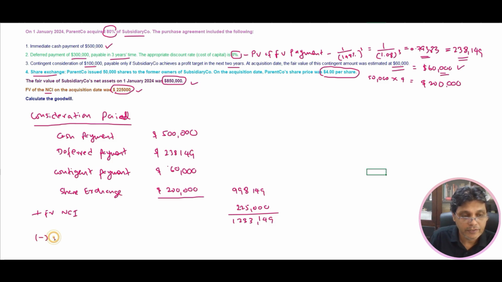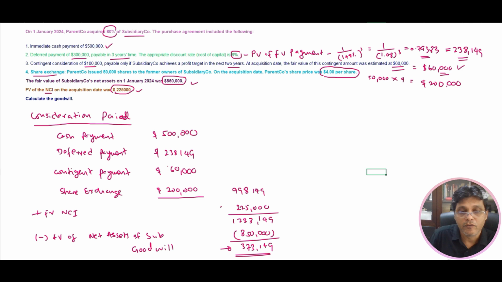From that we need to deduct the fair value of the net assets of subsidiary company at acquisition, which comes to 850,000. So the goodwill will be 373,149. Okay, so this is the goodwill calculation.